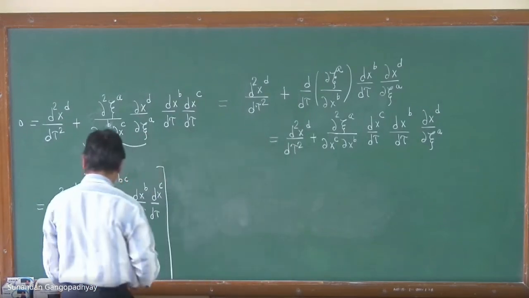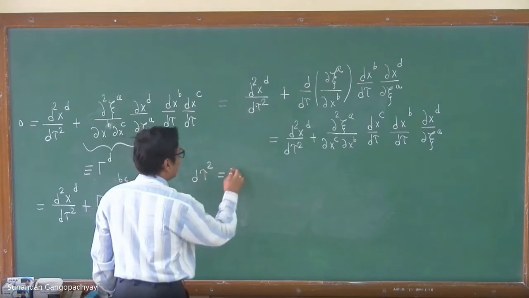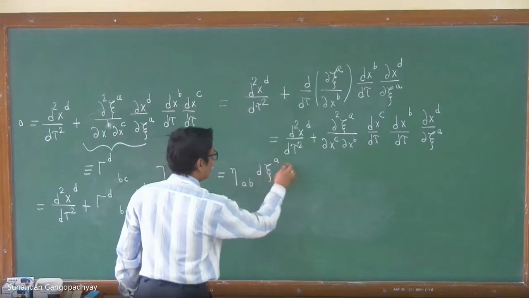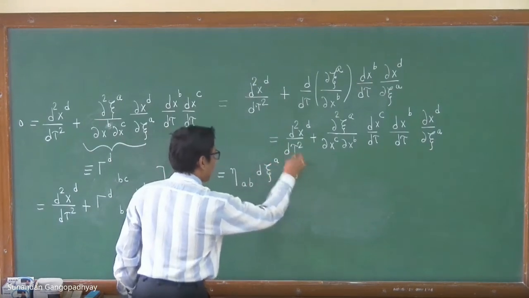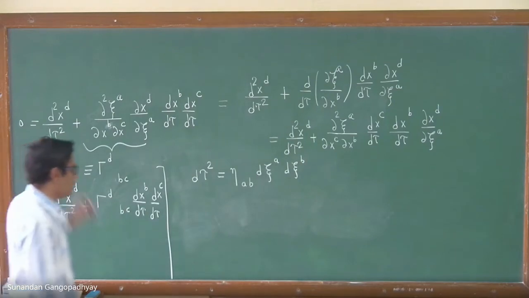Let us now look at the line element. This was the line element in special theory of relativity in the local inertial coordinate system.